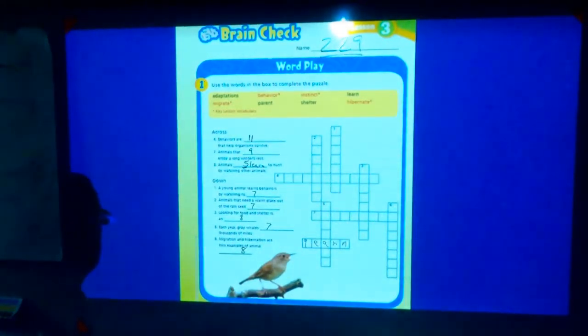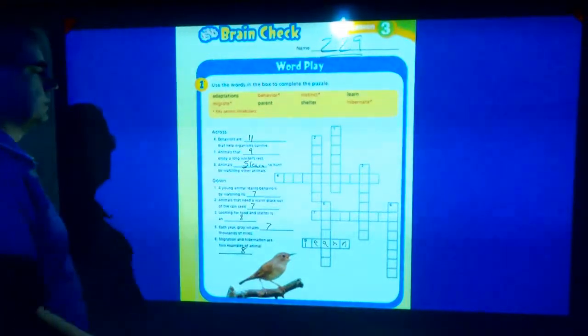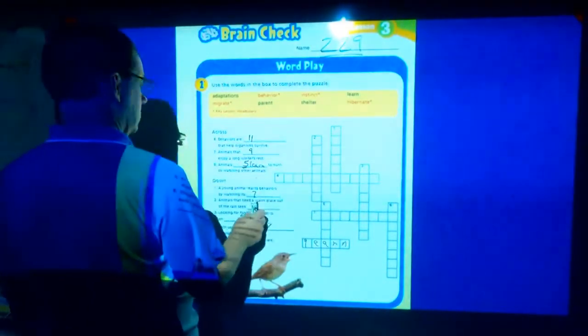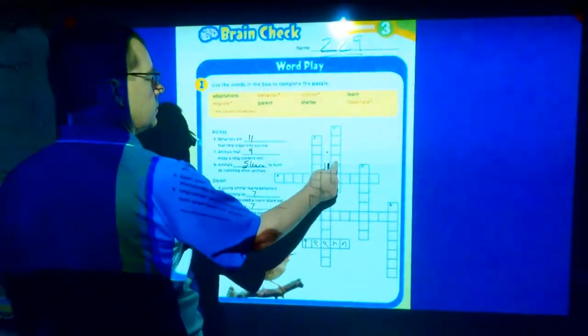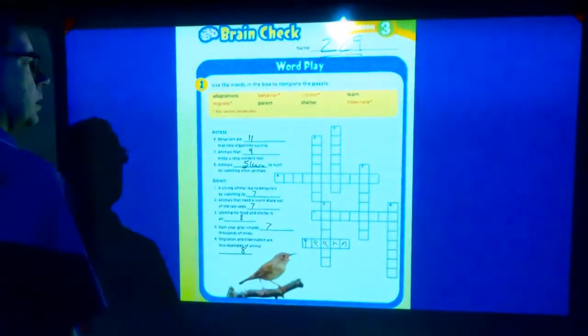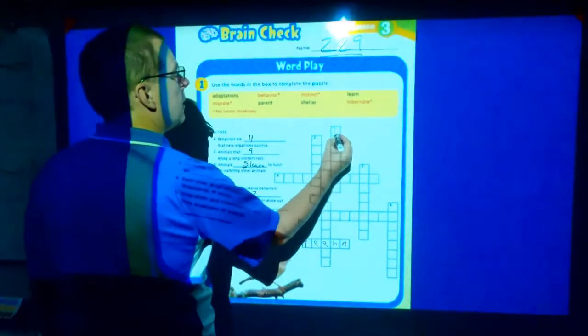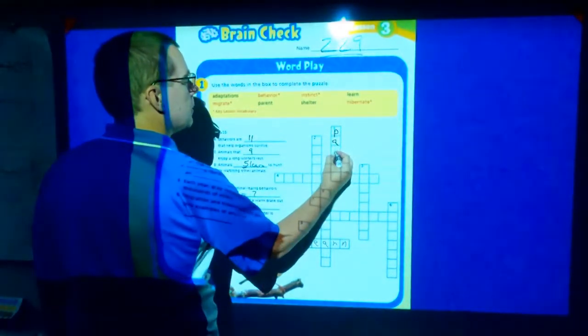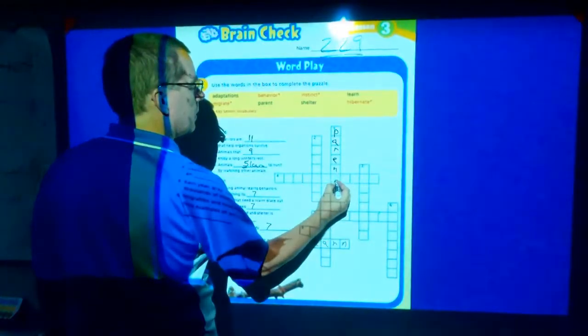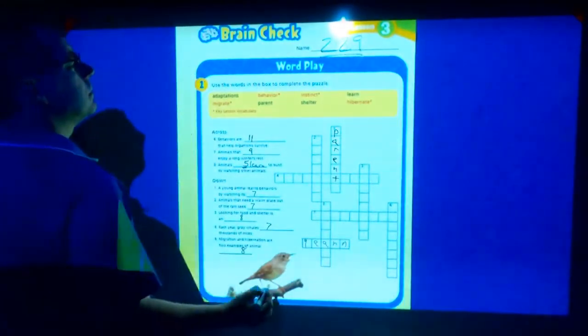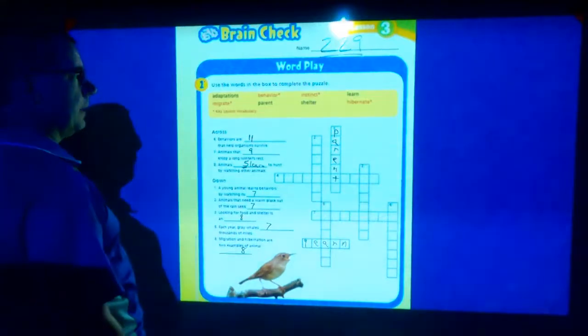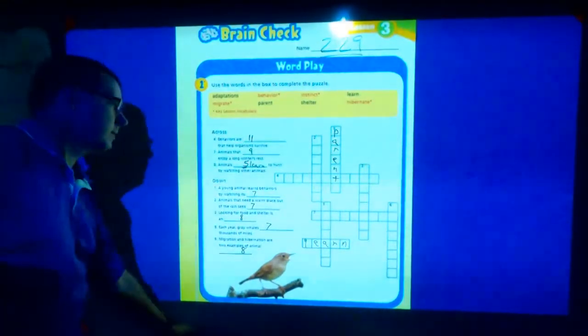And somewhere I miscounted a word apparently. And then number 1, which actually has 7. I lost my cat. And then 1 down is parent. No, it can't be parent, can it? Doesn't fit.